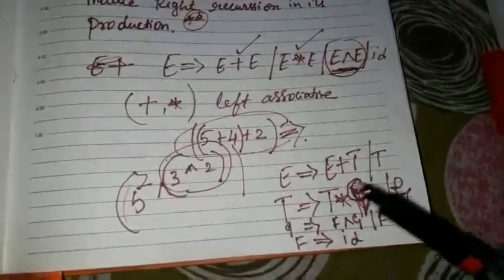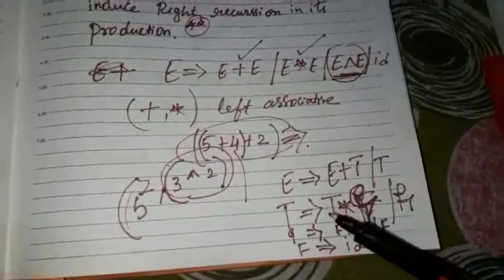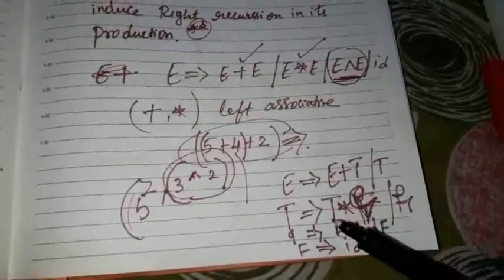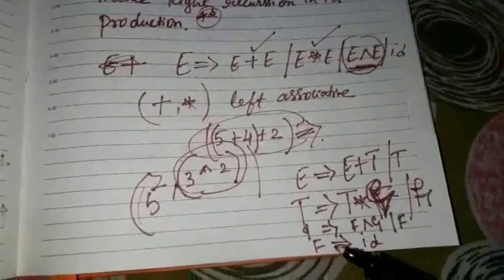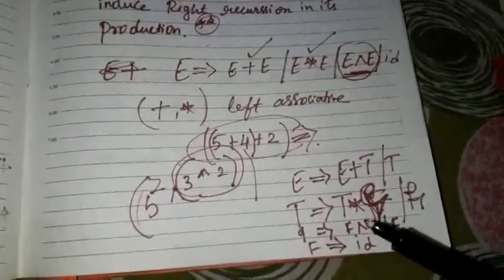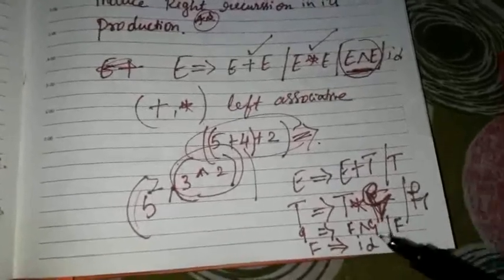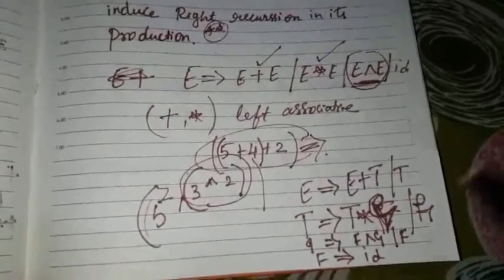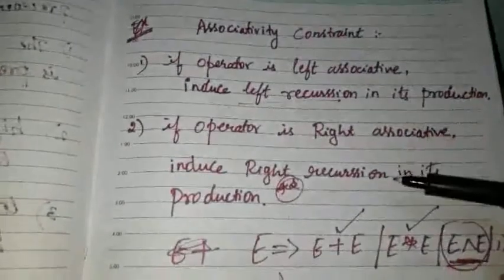T tends to T star G, growth is towards the left side because star is also left associative. But G tends to F power G, growth is towards the right side because power is right associative. And finally F is defined as ID. That is the meaning of first and second line.